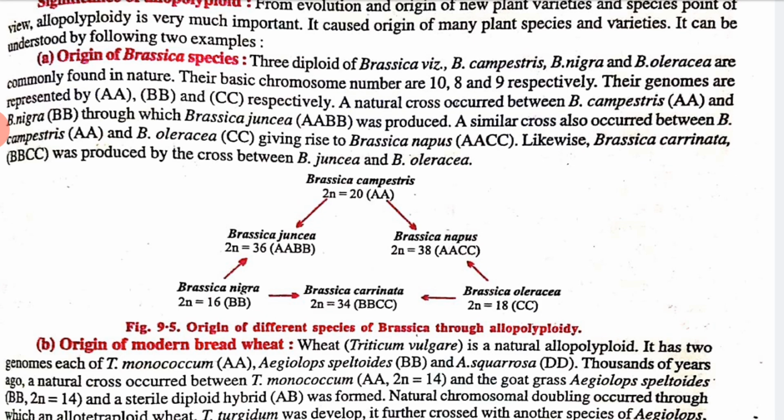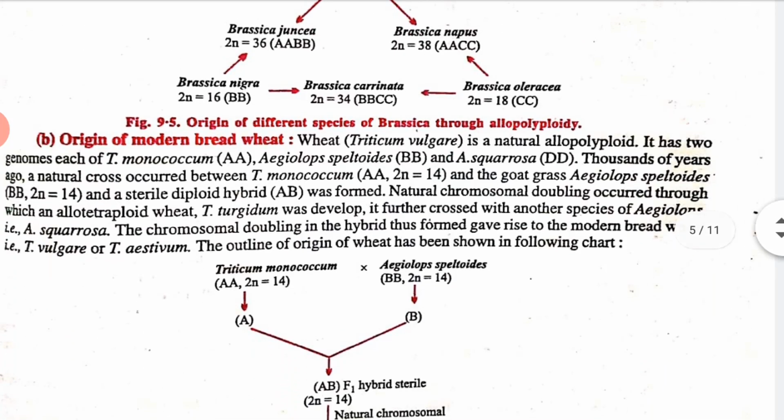Another example is the origin of modern bread wheat. Wheat is naturally allopolyploid.